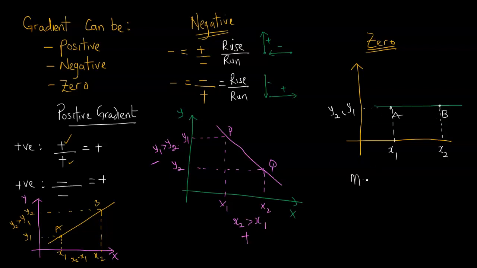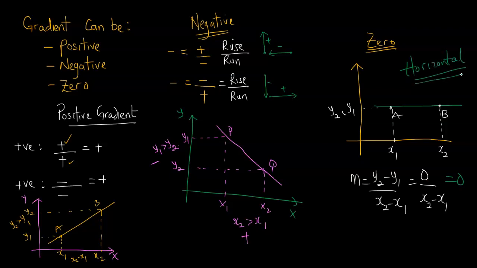Thus, the gradient here, which is the ratio of y2 minus y1 over x2 minus x1, since y2 is the same as y1, this is 0, and I have x2 minus x1. And a fraction would always be equal to 0 if the numerator is 0. So a horizontal line always produces a 0 gradient.